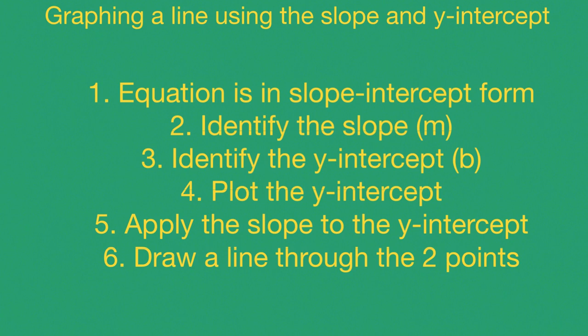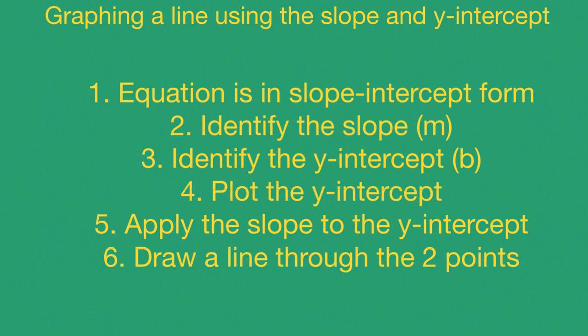We're going to have an up and down movement, and then either a right or left movement. So we're going to apply the slope after that, and then, of course, we're going to need to draw a line through those 2 points. Very basic steps here. Really, 1, 2, and 3 we have practiced before: slope-intercept form, identify the slope, identify the y-intercept.